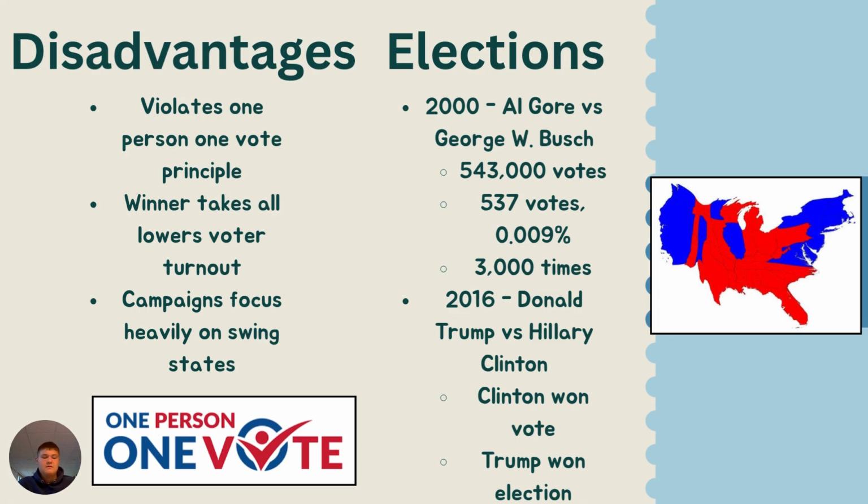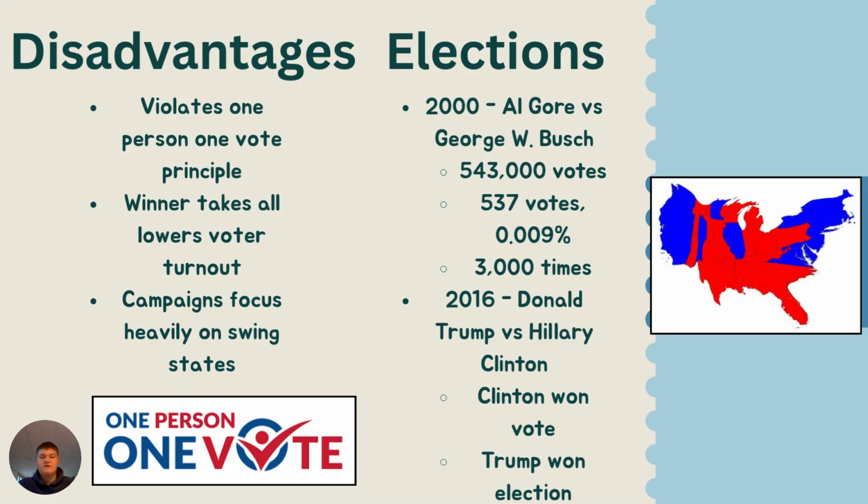Also, the winner-takes-all system lowers voter turnout, as people in the safe states just do not see the point in going out to vote, as their state has already practically been predetermined before the election. Campaigns also focus heavily on swing states compared to safe states. They will only go to the swing states because they know that the votes there will ultimately determine the election.